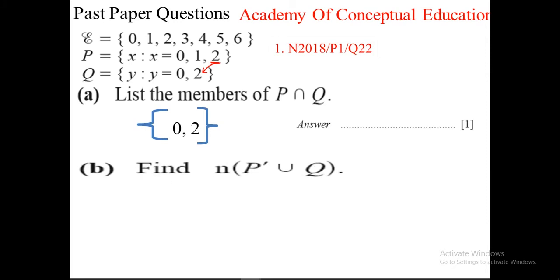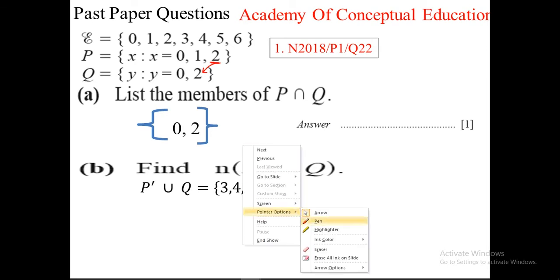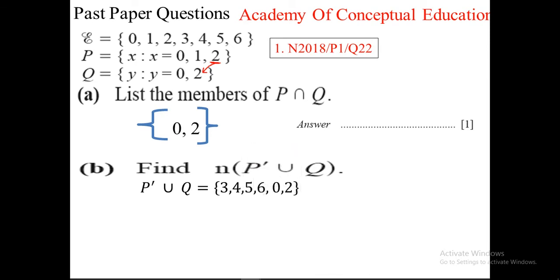Now the second one is to find the number of elements of P complement union Q. First of all, let's find out the P complement.